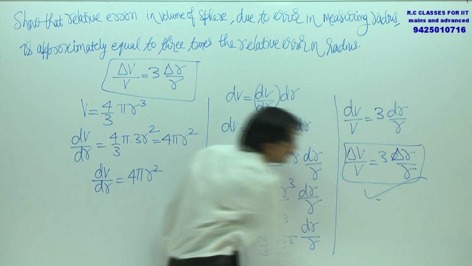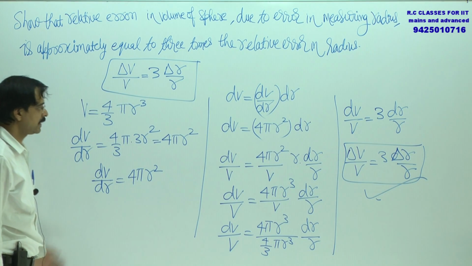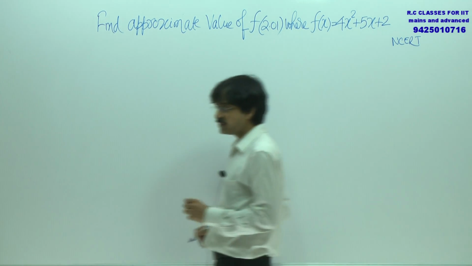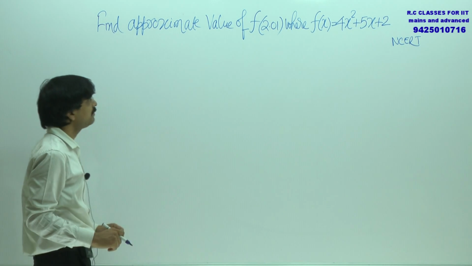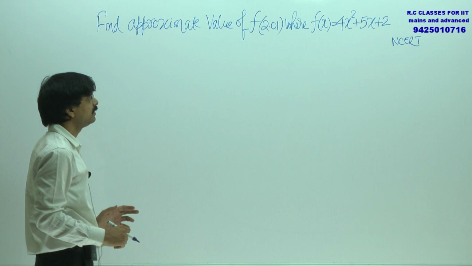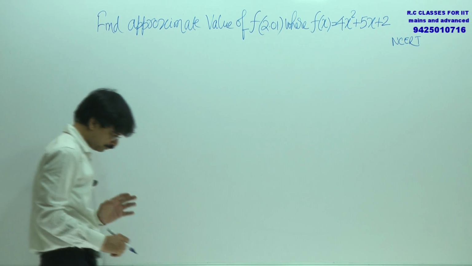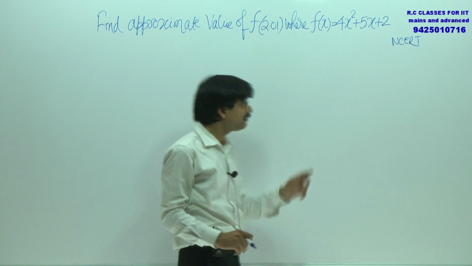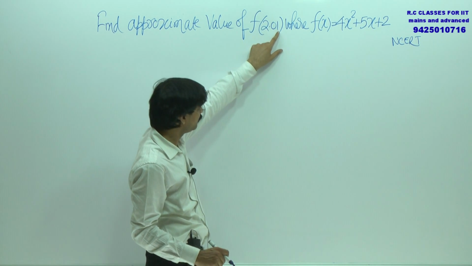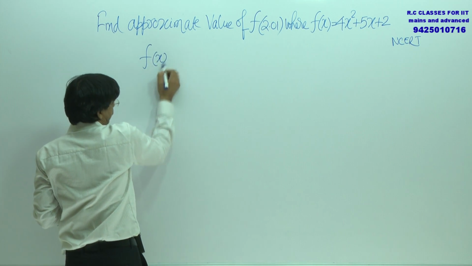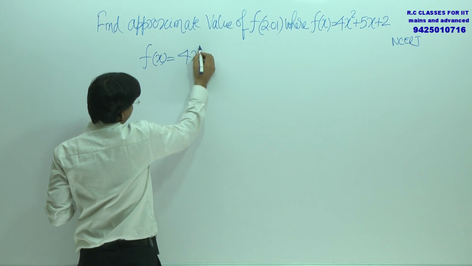Yes, it's coming, right? Now we take an NCERT based question where you have to find the approximate value of f of 2.01, where f(x) equals 4x square plus 5x plus 2. This is a quadratic expression.